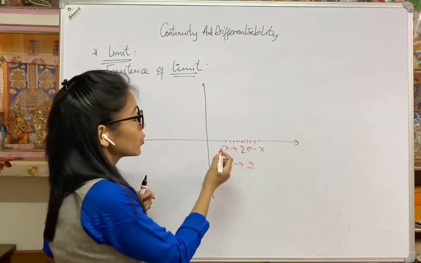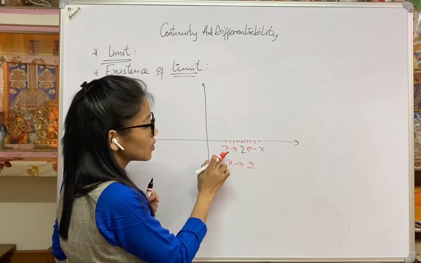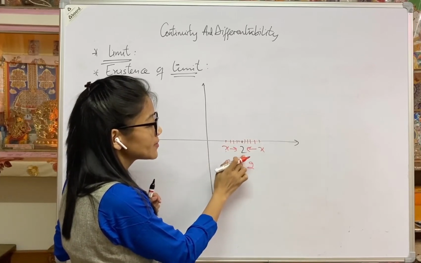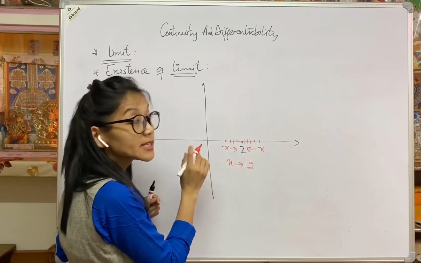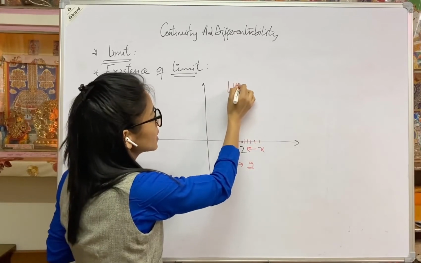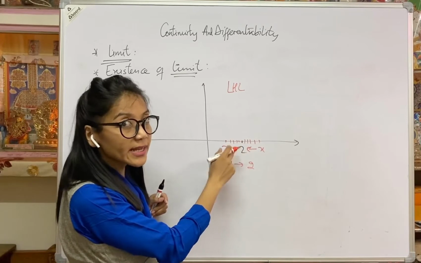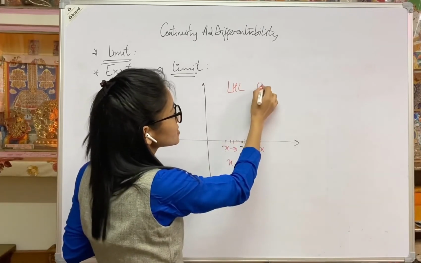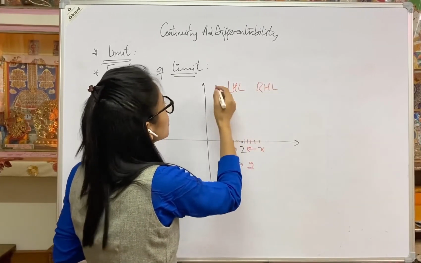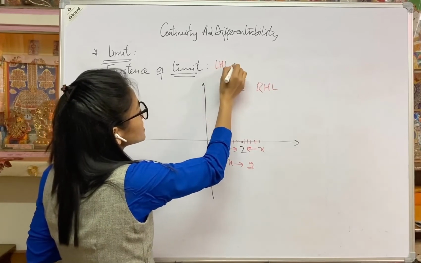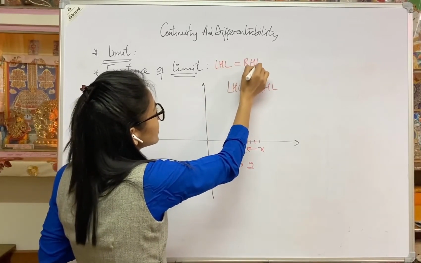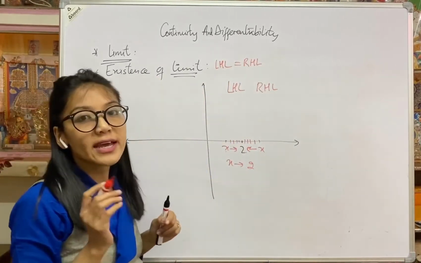So when we find the limit when x is tending towards 2 from the left hand side, we call it the left hand limit. And when x is tending towards 2 from the right hand side, that limit is called the right hand limit. So if the left hand limit is equal to the right hand limit, then we say that the limit of the function exists.